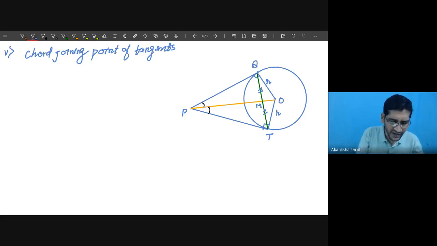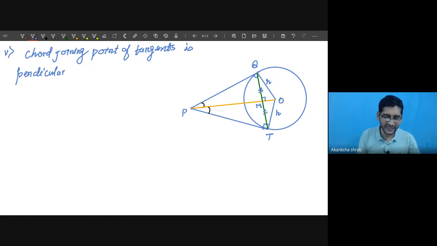So the chord joining the tangents is perpendicular to the line joining the center of the circle and the external point from where the chord is drawn. It is not only perpendicular, perpendicular means 90 degrees, as well as bisector.